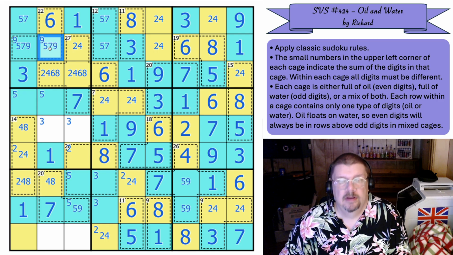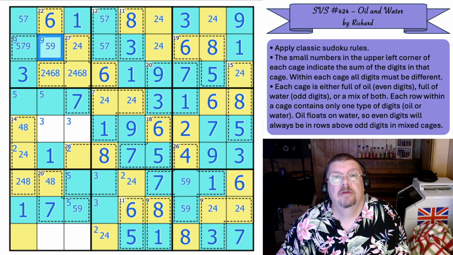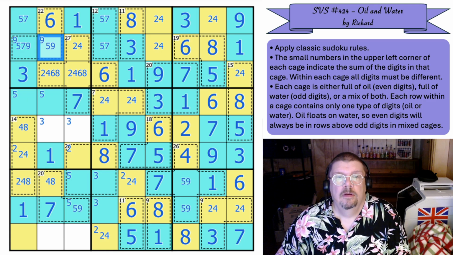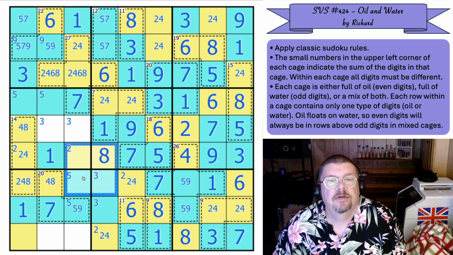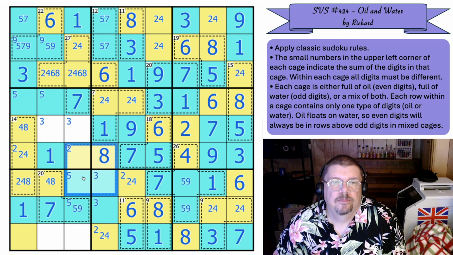Okay, this 7 is looking up there. That is not a 7. Okay, we have a 26 cage minus the 8 that we already have makes that 18 in 3 digits.